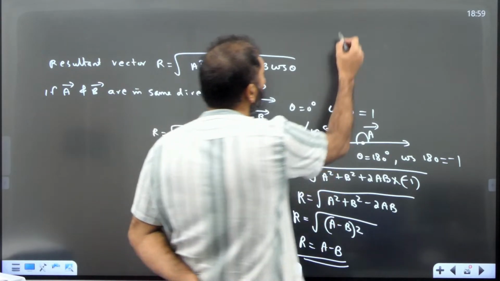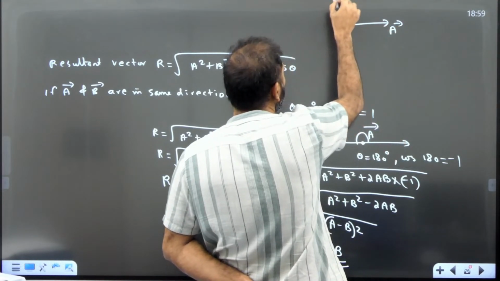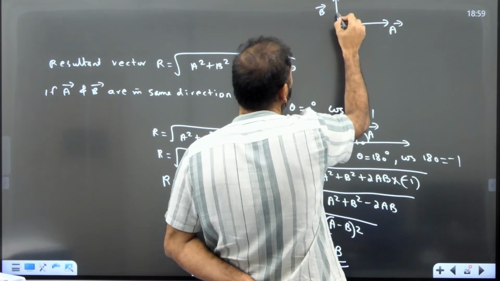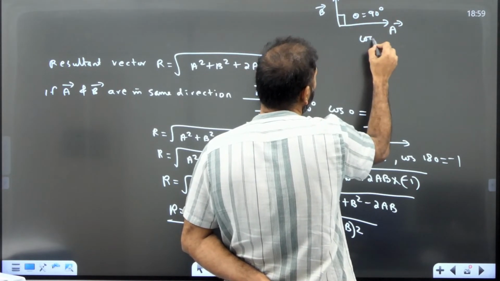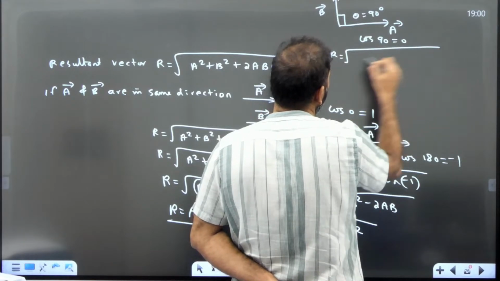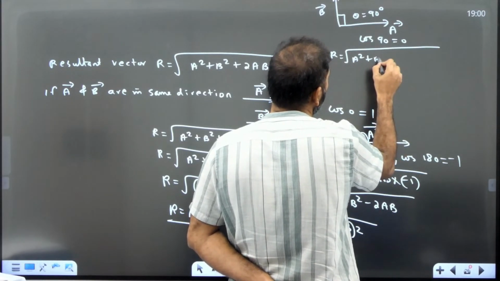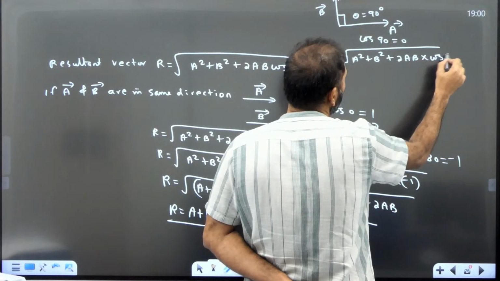Now, if this is A vector and this is B vector, what is the angle between A vector and B vector? 90 degree. Cos 90 is what? 0. So R equal to root of A square plus B square plus 2AB into cos 90. Cos 90 is 0.